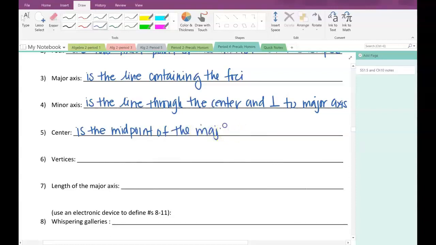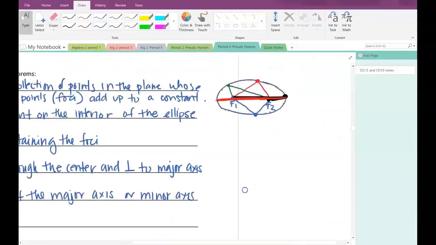So the minor axis, if we use the same picture, goes through the center and is perpendicular to the major axis. So here's the center right there.